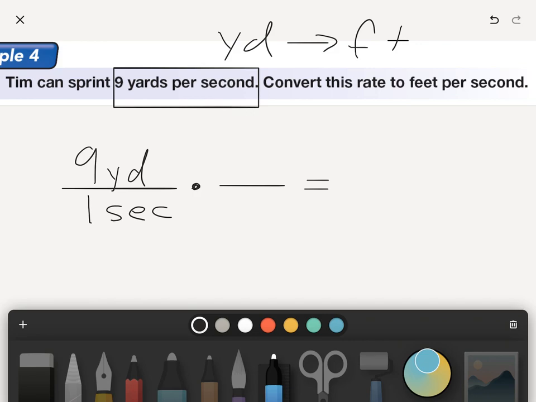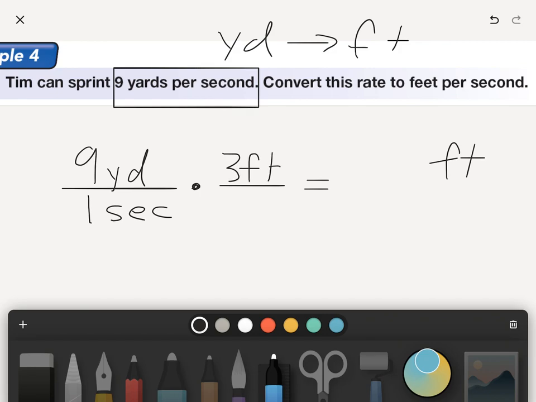Which one should I put on the bottom? Remember, I'm trying to cross-cancel my yards. I'm trying to eliminate the yards and only end up with feet. Oh, so the feet's on the top. Yes.